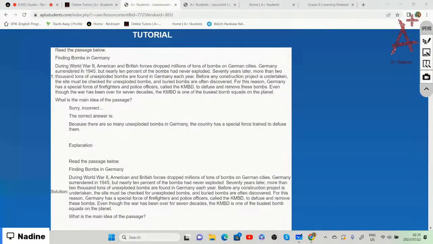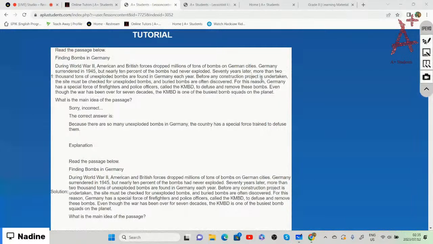During World War II, American and British forces dropped millions of tons of bombs on German cities. Germany surrendered in 1945, but nearly 10% of the bombs had never exploded. 70 years later, more than 2,000 tons of unexploded bombs are found in Germany each year.